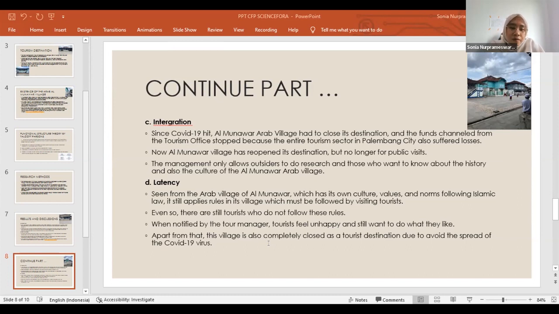When notified by the tour manager, tourists feel unhappy and still want to do what they like. So that is why the Al-Munawar Arab village closed, before COVID-19, and after COVID-19 they closed their destination because of COVID.